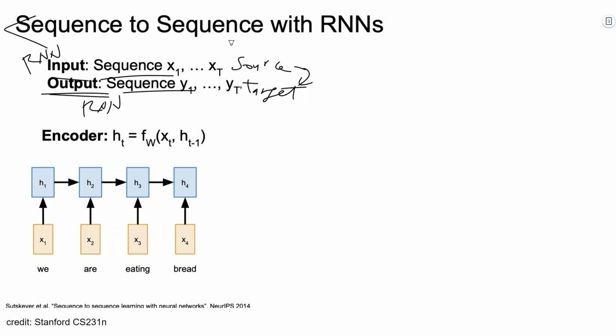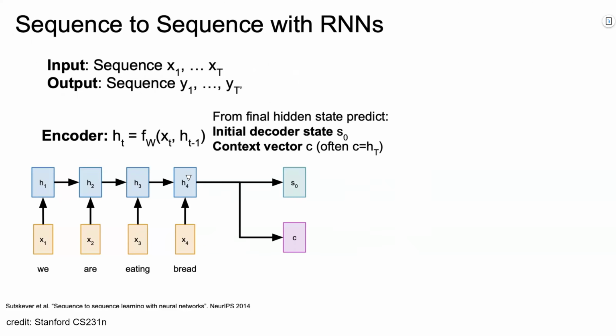Therefore, the basic architecture of sequence to sequence consists of two RNNs. And here, the first RNN handling the input sequence is called the encoder. This one receives the input sequence from the source language, like this, and it changes its hidden state over time. After that, we take this last hidden state and pass it to the decoder.